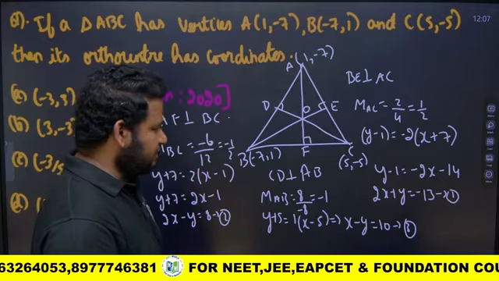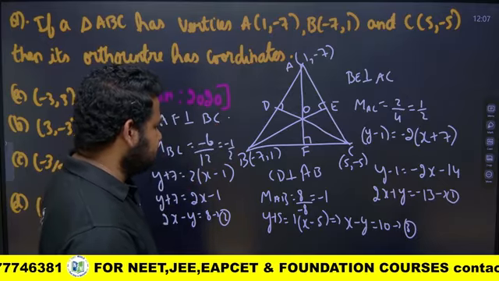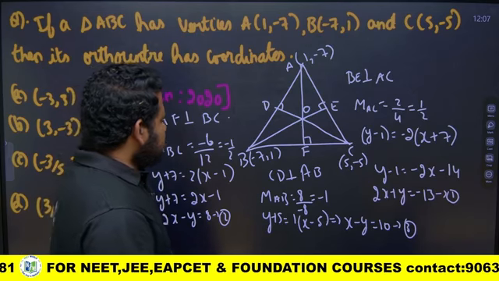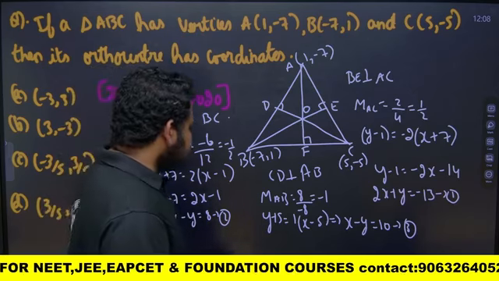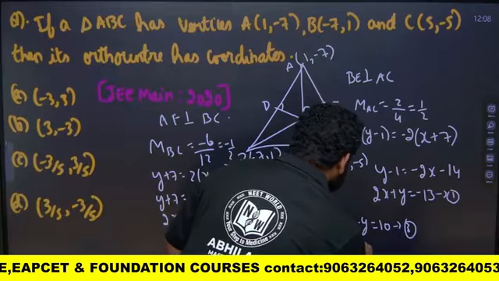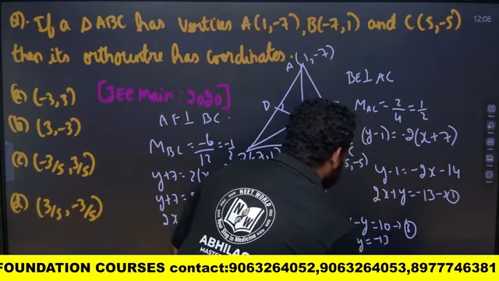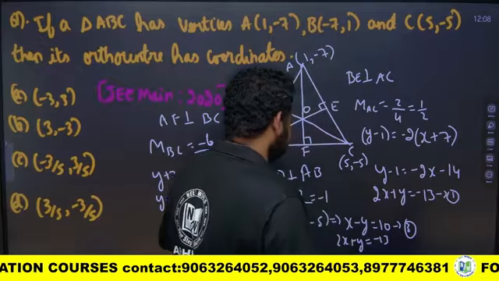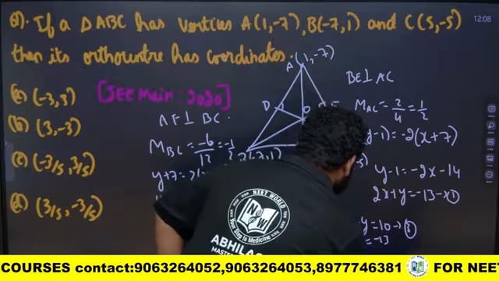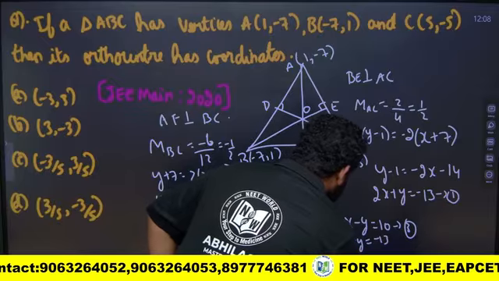If you solve these equations, we will get the value of orthocenter. Fine, so let me solve these two equations. I have 2x plus y is equal to minus 13 and x minus y is equal to 10, or I will multiply by 2. This is 2x minus 2y is equal to 20.